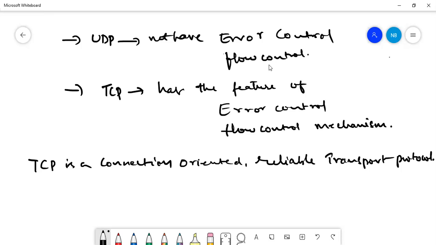Unlike UDP, TCP is connection-oriented, while UDP is connectionless. TCP uses a virtual connection between two TCPs to send the data. In addition, TCP has error control and flow control mechanisms at the transport level. In brief, TCP is a connection oriented and reliable transport protocol.